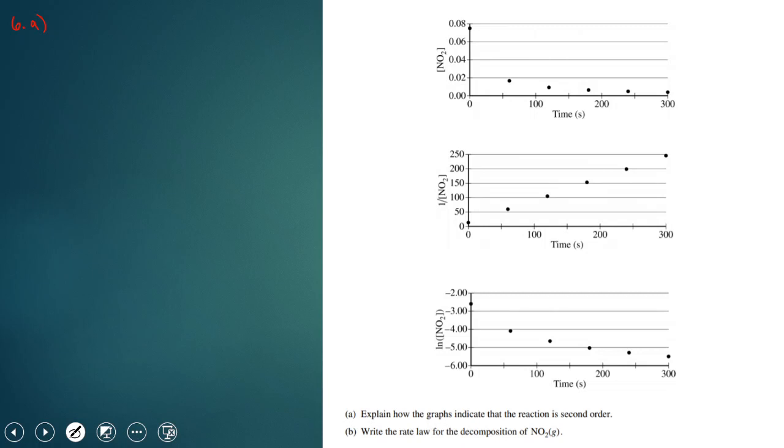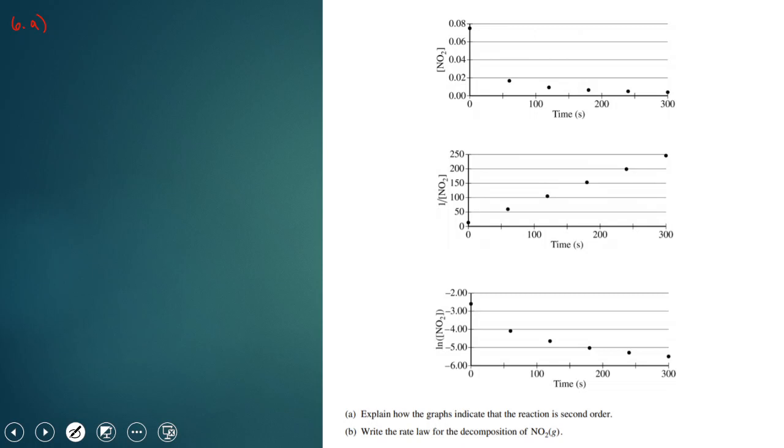Well, if you think about your rate laws, think about exactly what is in each rate law. So we have our zero order, first order, and second order. And so recall that for a zeroth order reaction, there's a direct proportionality between the concentration and the time.